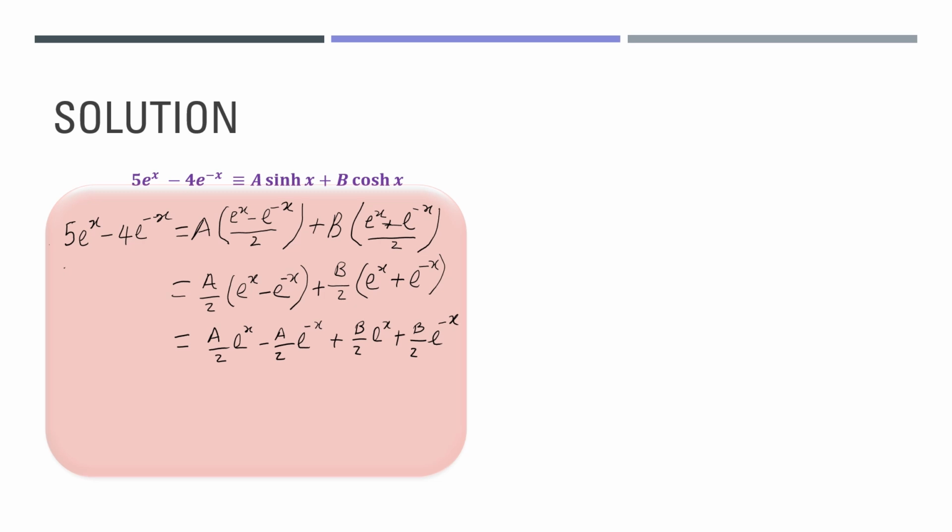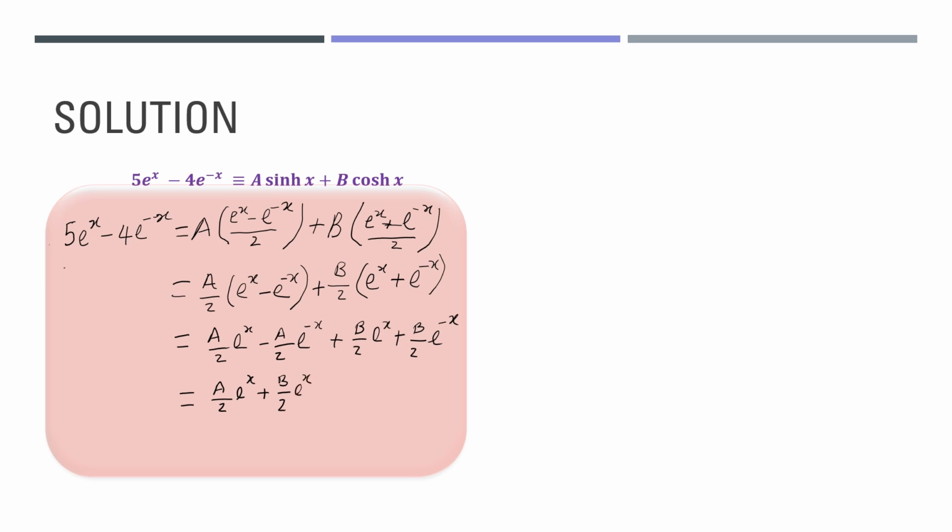So we're going to have here a over 2 e^x plus b over 2 e^x.